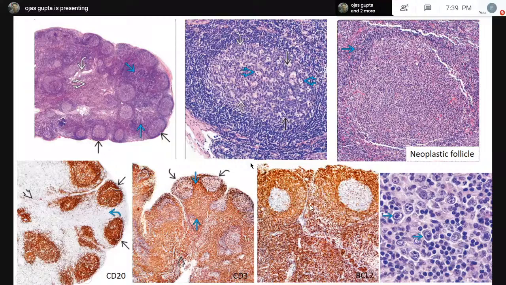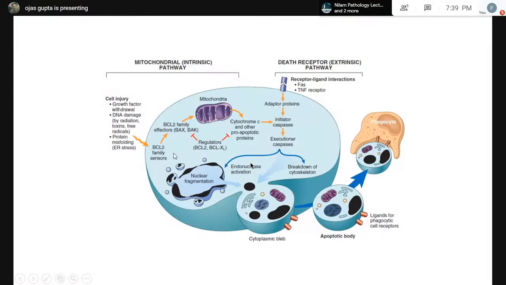Also, in a reactive lymph node, there are many cells which express BCL2. BCL2 is an anti-apoptotic marker. This BCL2 expression is shown by all the cells present in the lymph node, but excluding the lymphoid follicle. So why is it important to know BCL2?